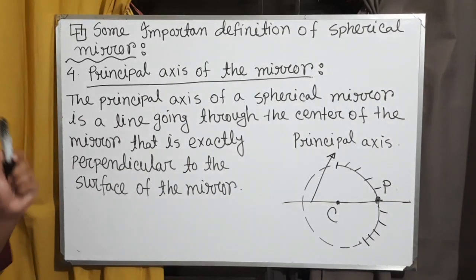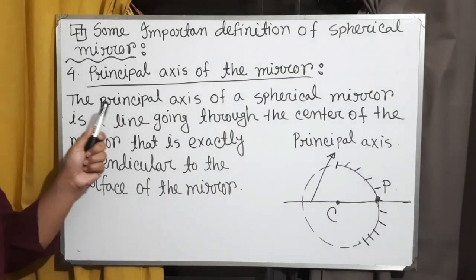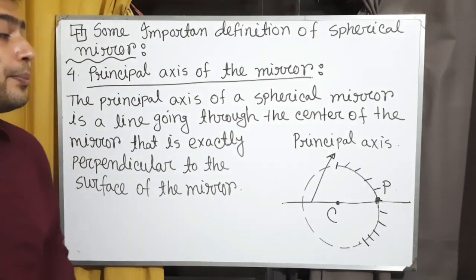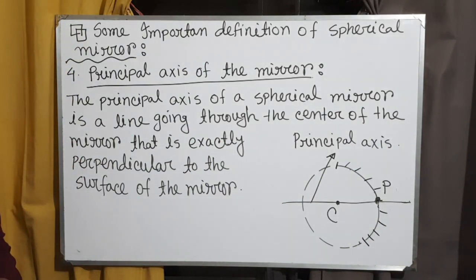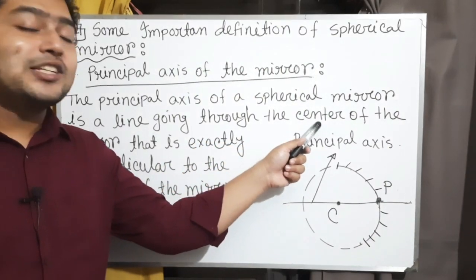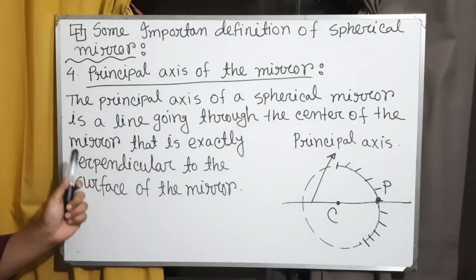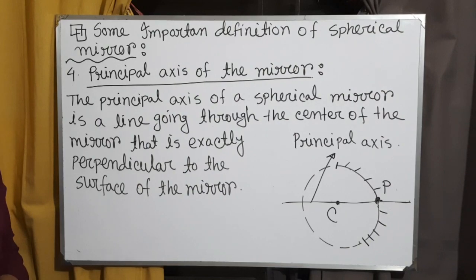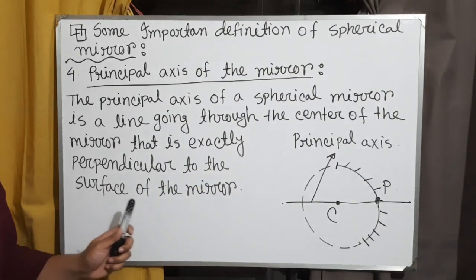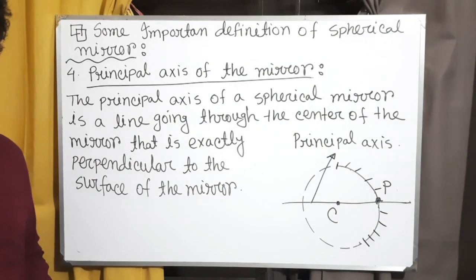The principal axis of a spherical mirror is a line going through the center of the mirror that is exactly perpendicular to the surface of the mirror.